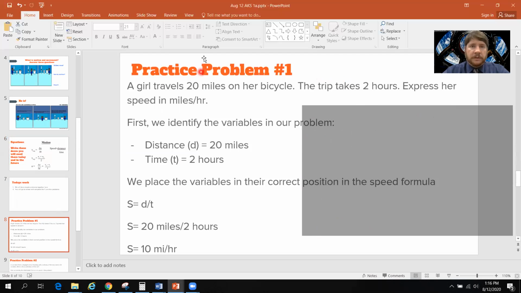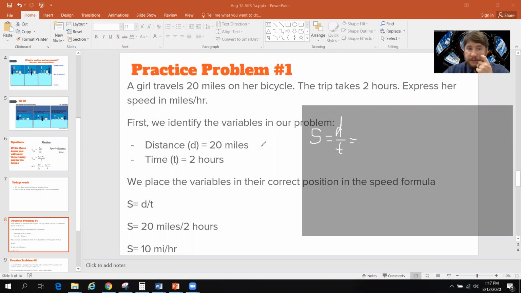So I'm going to turn on my drawing function. Speed, which we can just write as S, equals distance over time. And again, we've identified our variables.